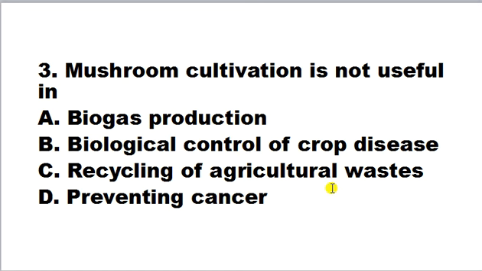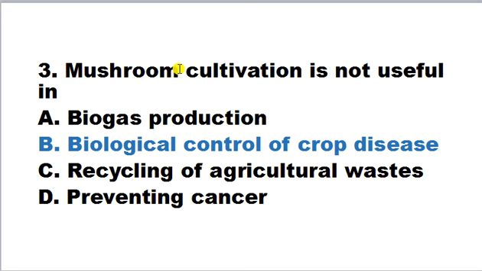Mushroom cultivation is not useful in biogas production, biological control of crop disease, recycling of agriculture waste, preventing cancer. So friends, mushroom consumption has been found to coincide with a decrease in the incidence of breast cancer.